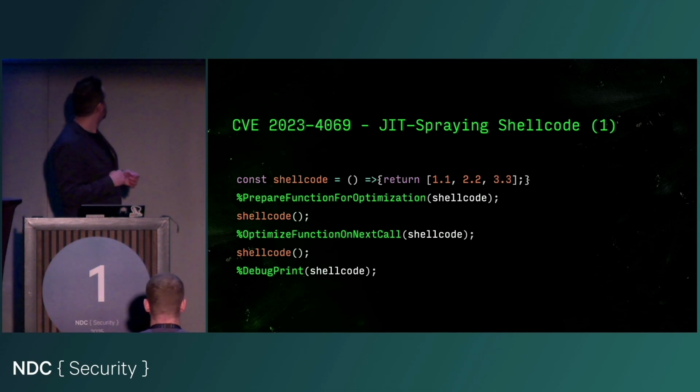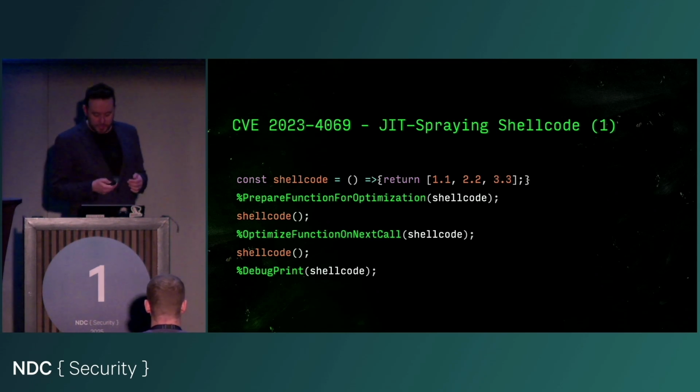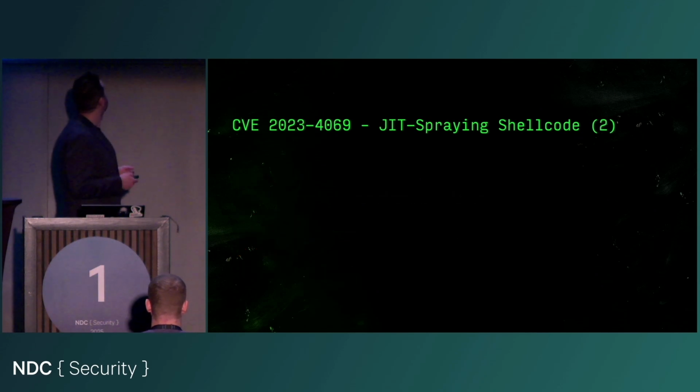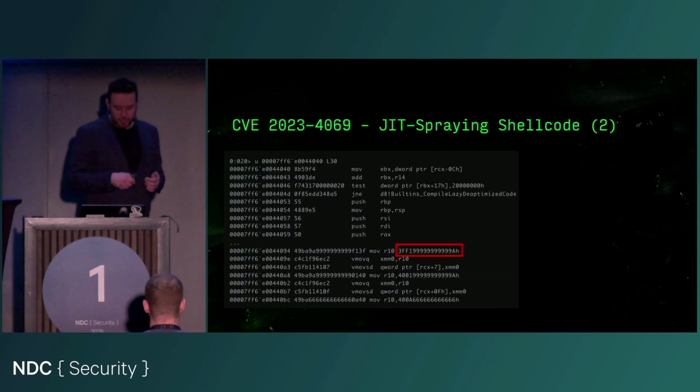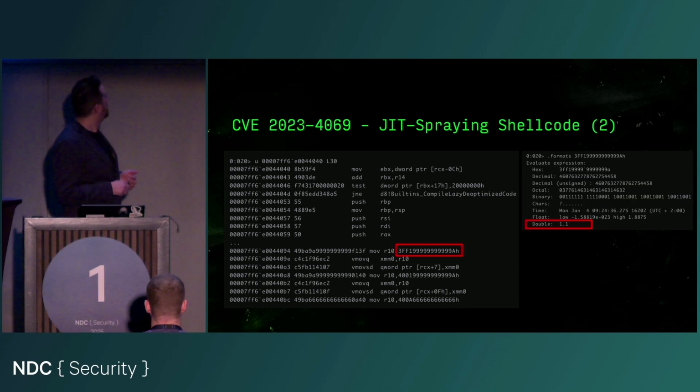Then we print our shellcode and see what it looks like in the debugger. Let's compile the code and see how it looks in memory. That's a really ugly number here. What's this? We move this float into the R10 register. What's that? Oh, it's our first double, 1.1, that we defined in our dummy function.